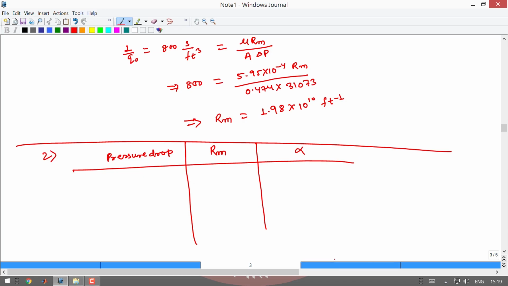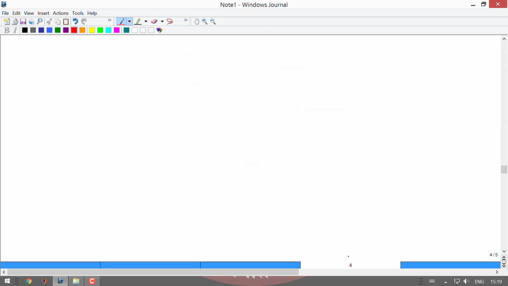Okay. So, I am going to plot the graph Rm versus delta P. It will show how the cake resistance varies with the pressure. So, if you plot this graph, it will come to a straight line.